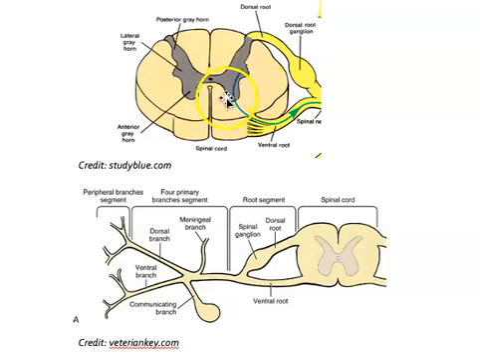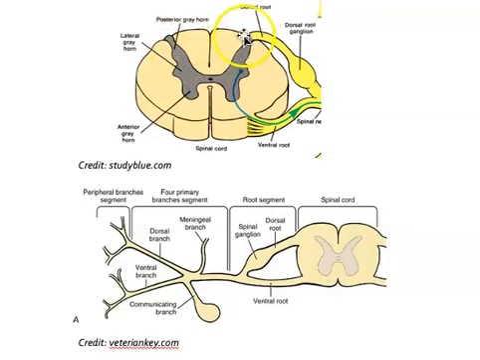You can see the larger anterior horns, the posterior horns, and here, this little bump right here and over here, those are lateral horns. And again, they're only found in the thoracic and lumbar regions of the spinal cord, or what we call the thoracolumbar region.